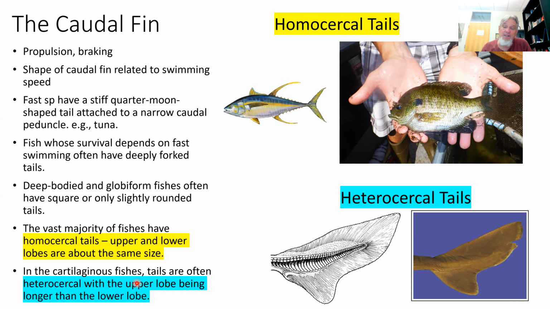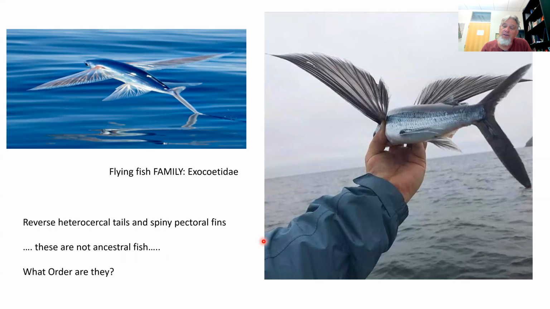In the cartilaginous and ancestral fishes, like the sarcopterygians and the neopterygians, they have these heterocercal tails, with the upper lobe usually being longer than the lower lobe. However, in the very evolved fishes, this is a flying fish, which is of the order Atheriniformes. So the Atheriniformes are acanthopterygian fishes, and these tend to be the groups of more surface-dwelling fishes that I mentioned last week.